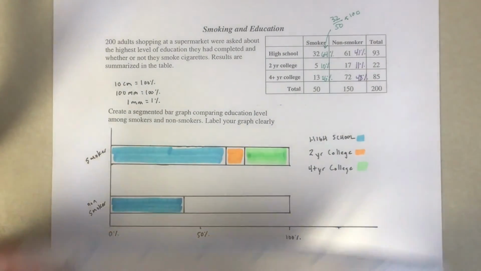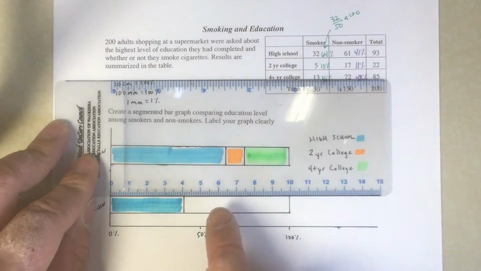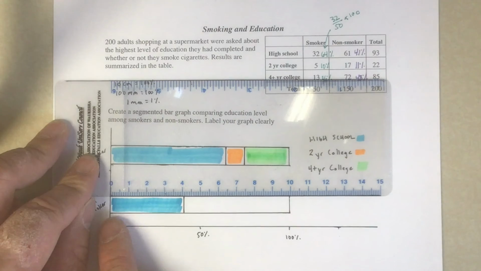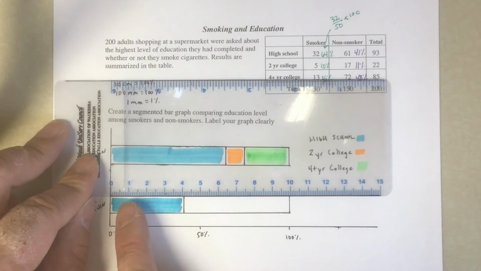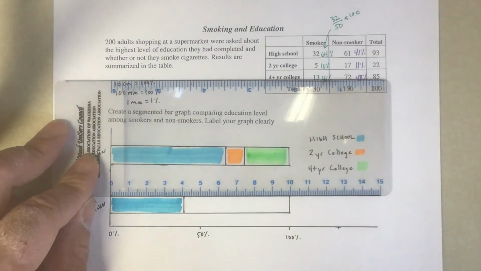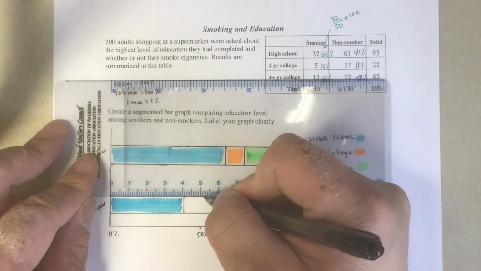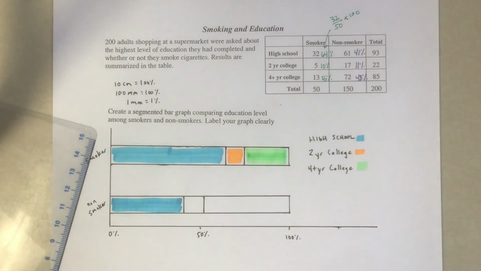The 2-year college group is at 11%. So I could do 52, because remember, it's cumulative. The common mistake is that someone's going to mark off the 11 here. Remember, they don't overlap. We don't want these to overlap. So 41 plus 11 is 52. There's our 2-year college group.